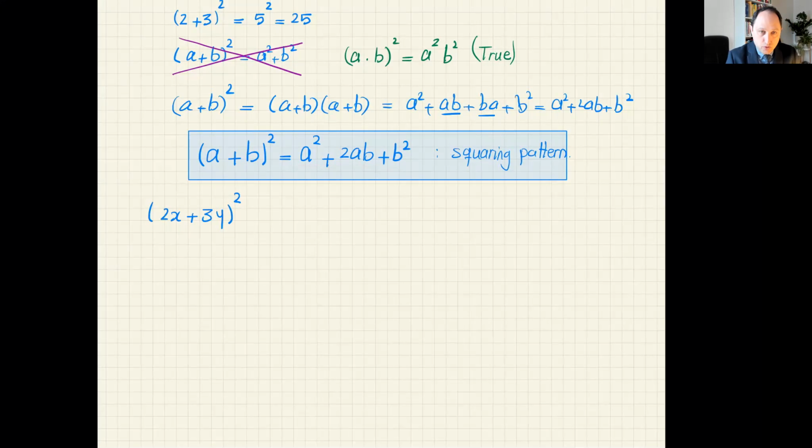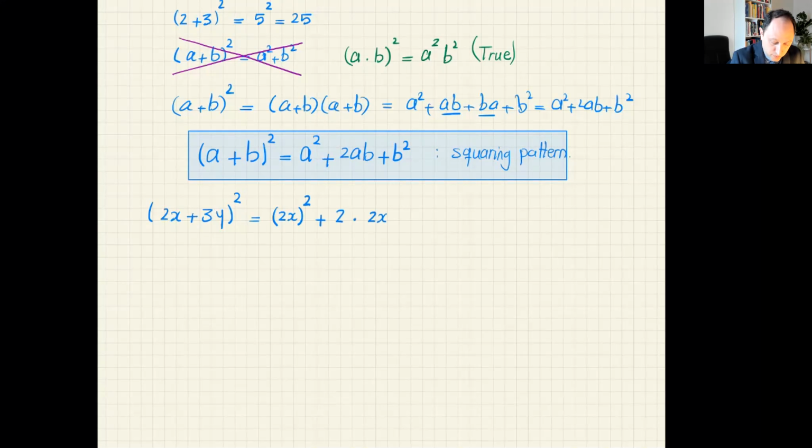You need to be able to read this formula, for example, in Swedish or in English or any language. This tells you that if you want to expand this, take the first one. Which one is the first one? This one is the first one. Take the first one and square it. And then plus 2 times the first one.